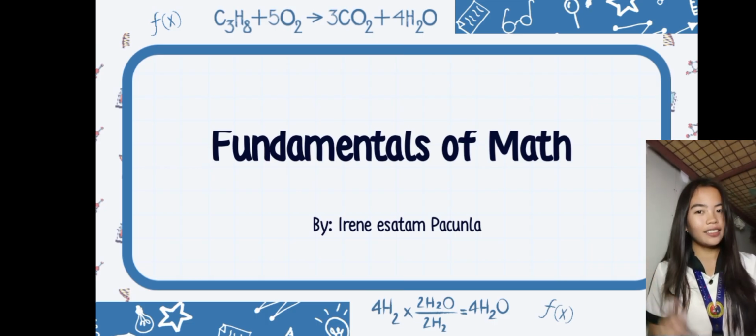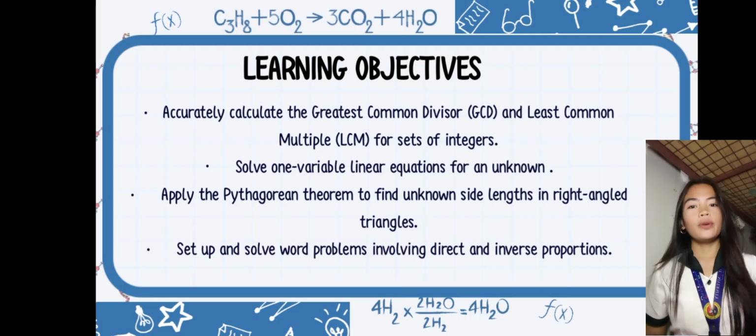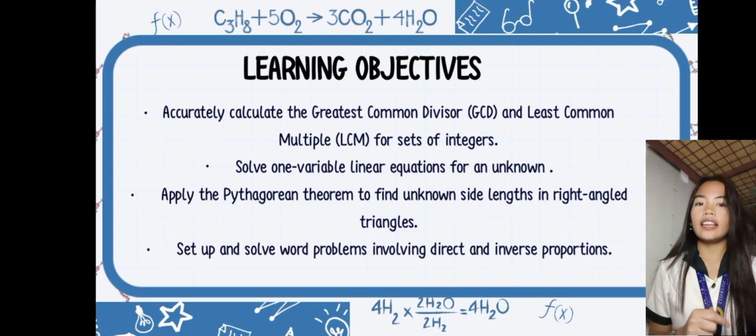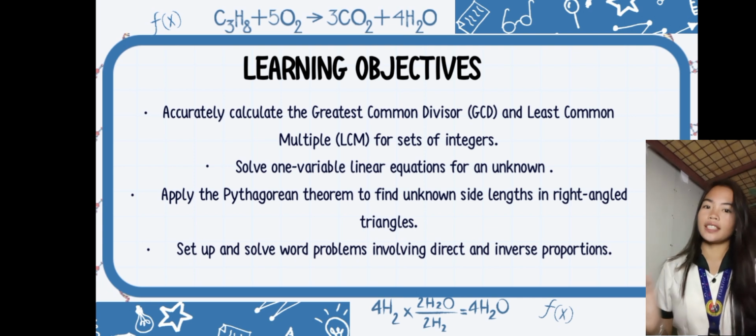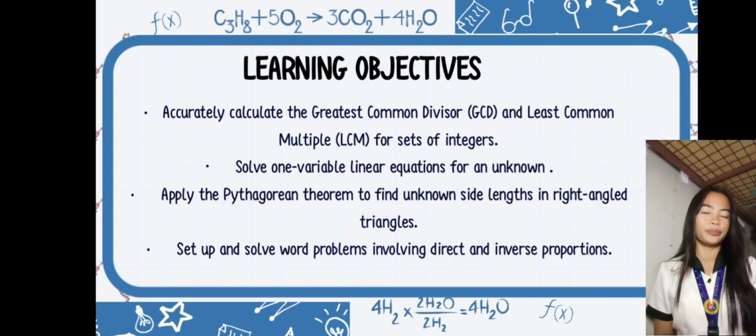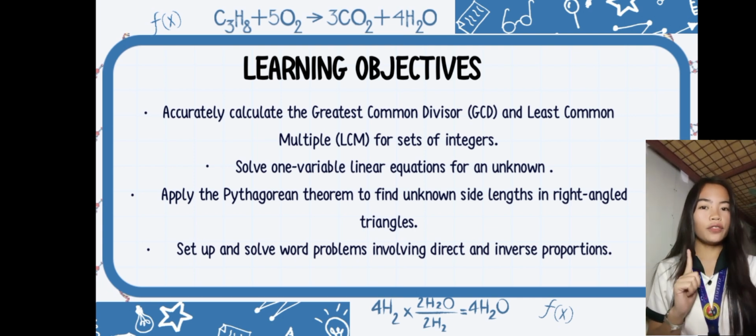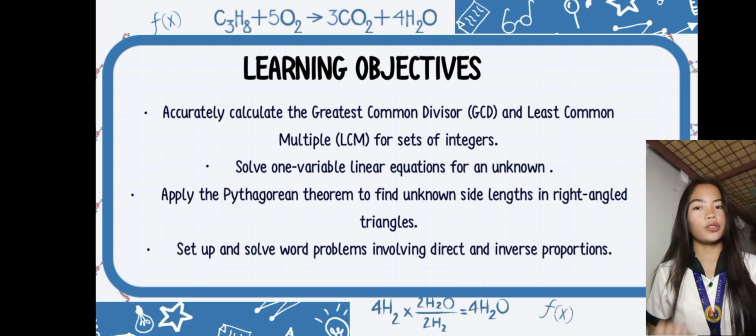Let's begin! By the end of this video, you should be able to accurately calculate the greatest common divisor or GCD and the least common multiple or LCM of sets of integers. Solve one variable linear equations.